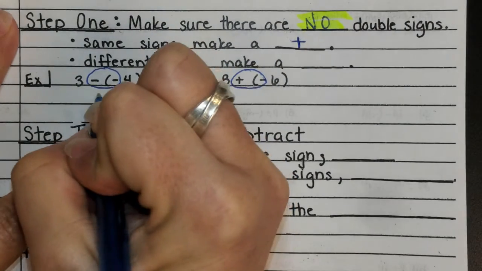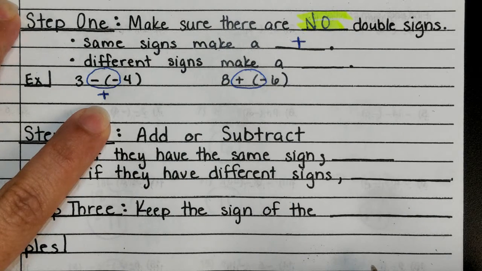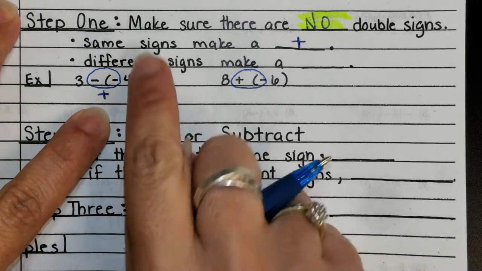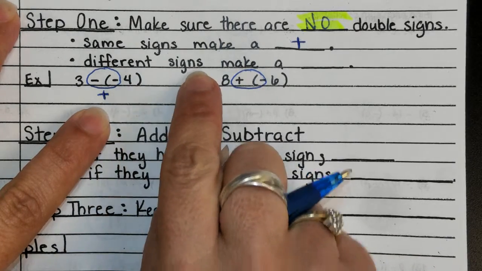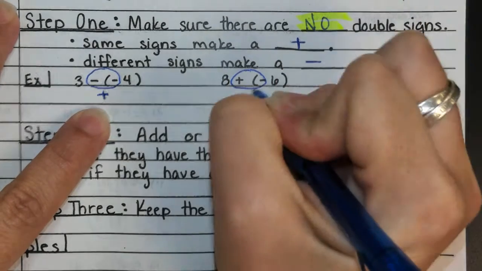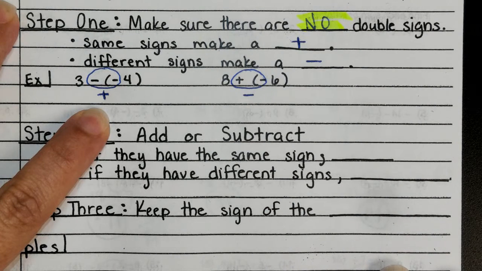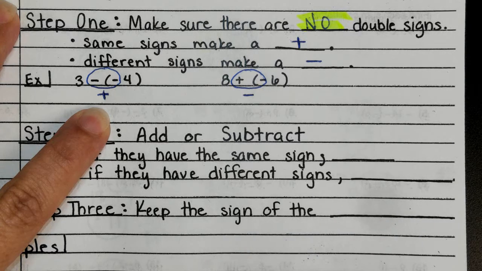So right below it, I'm going to make it a plus sign, because we're going to rewrite them. If they are different signs, we're going to make it a negative, and we're going to literally just rewrite it right below it. So that's step one.